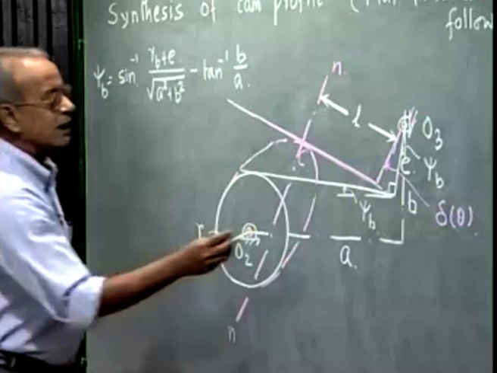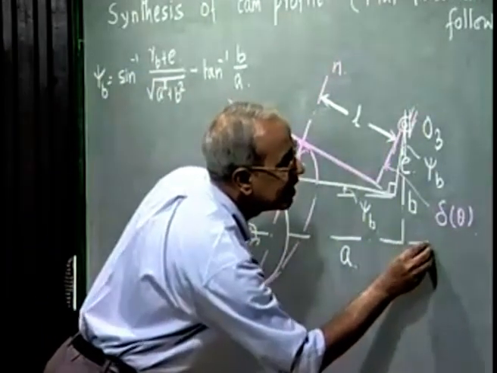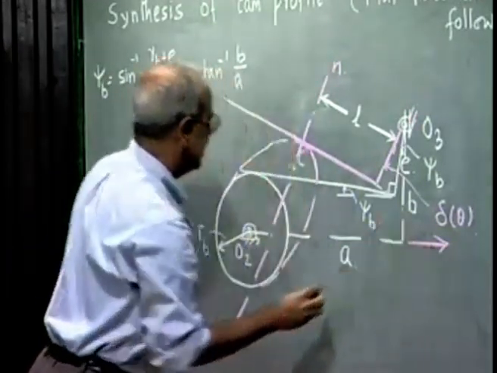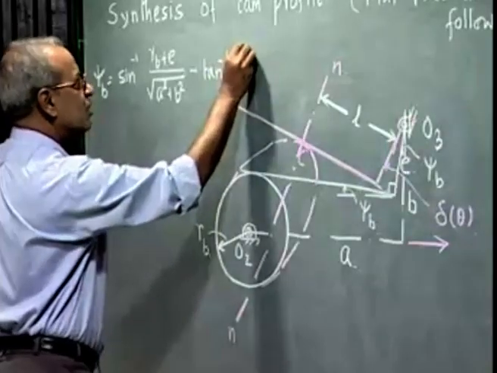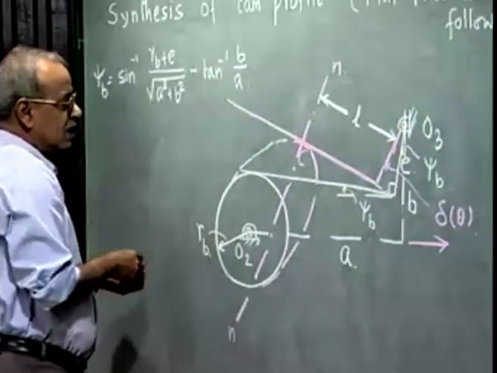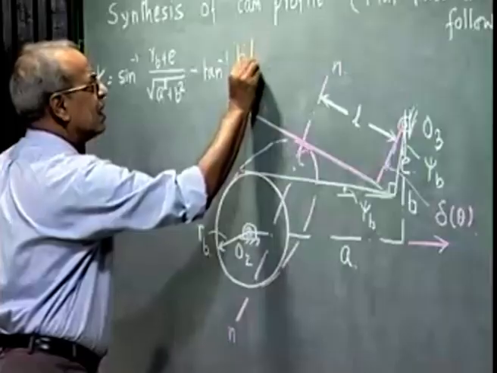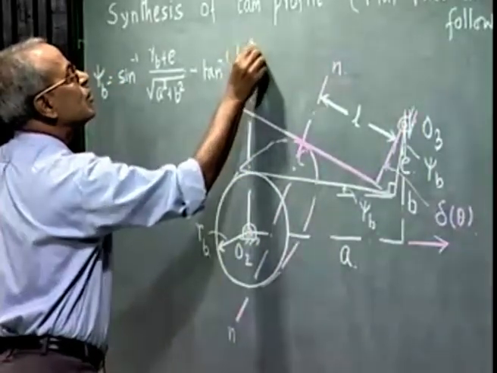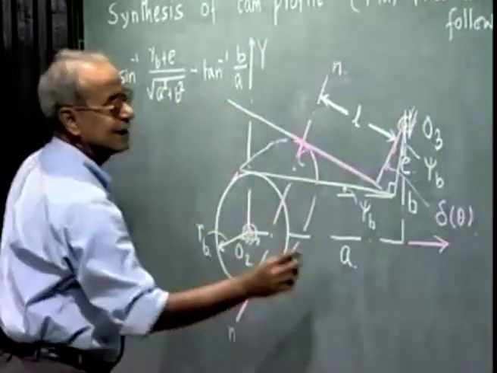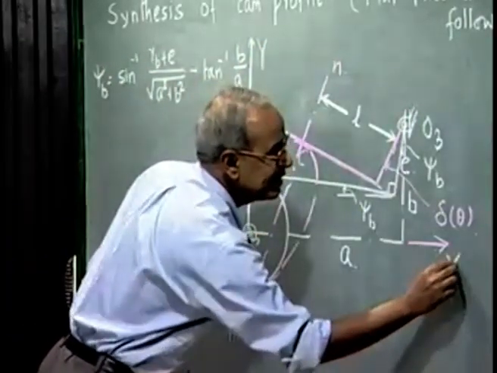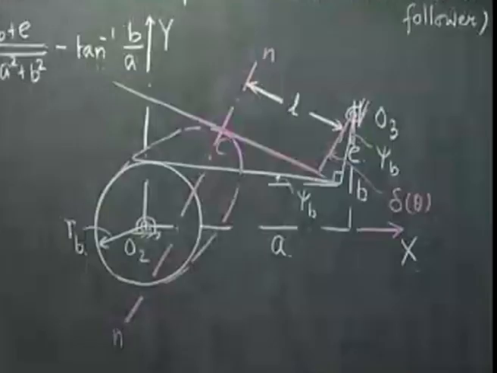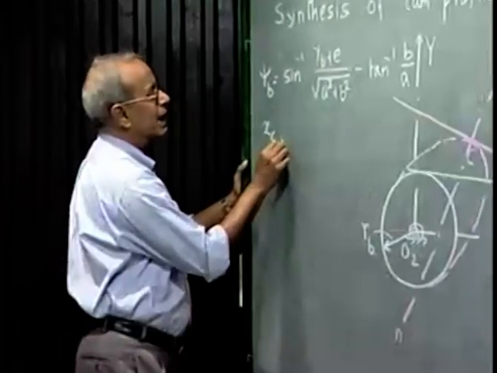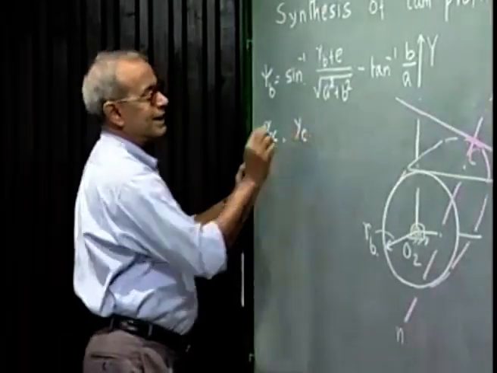As we have done for the translating follower situation, we take our x and y axes passing through O2. This is the x axis, this is the y axis. Our objective is to find the coordinates of the contact point, namely xc and yc.